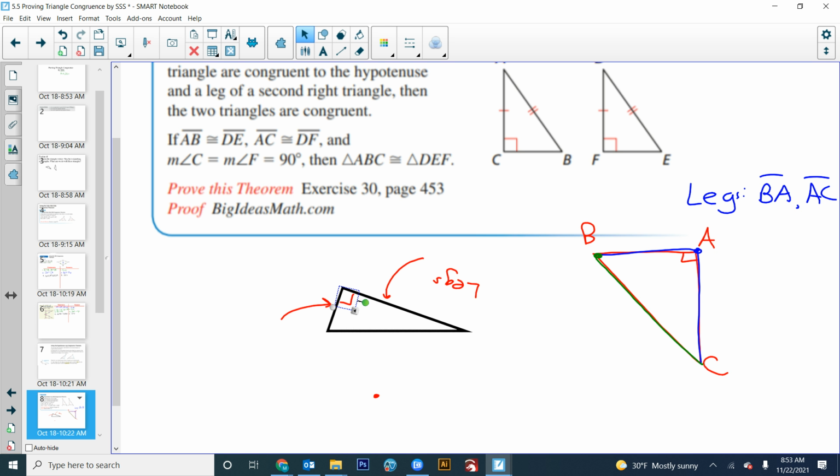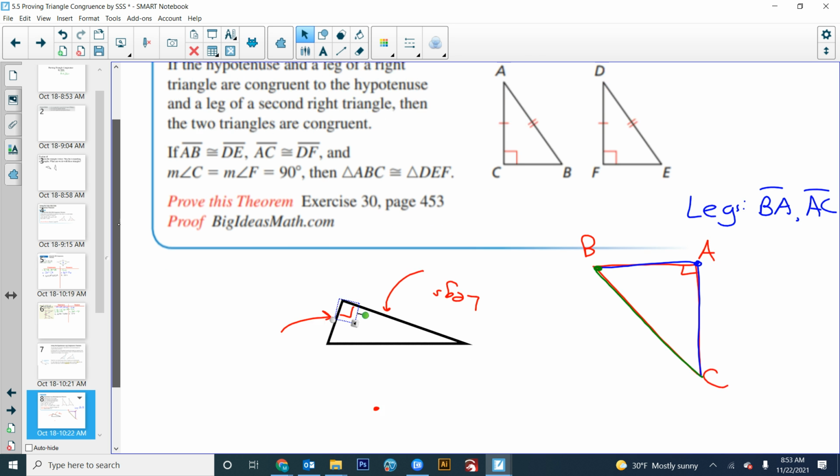The one across from it has to be the longest side. Think about it: if I open up to a small angle, small side. Big angle, big side. The longest side in a triangle is always across from the biggest angle. That makes sense, doesn't it?